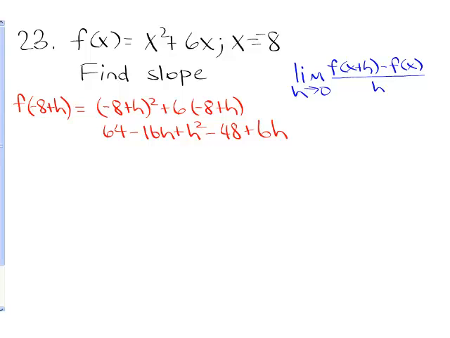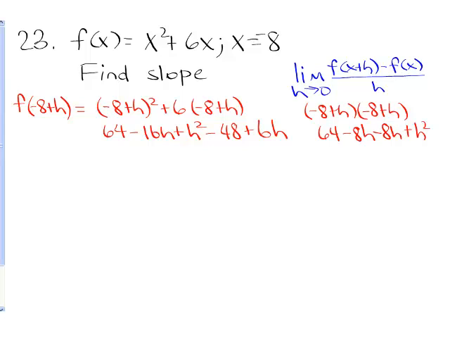So when you foil this guy out, you get 64, but then you get minus h minus 8h. You see it?